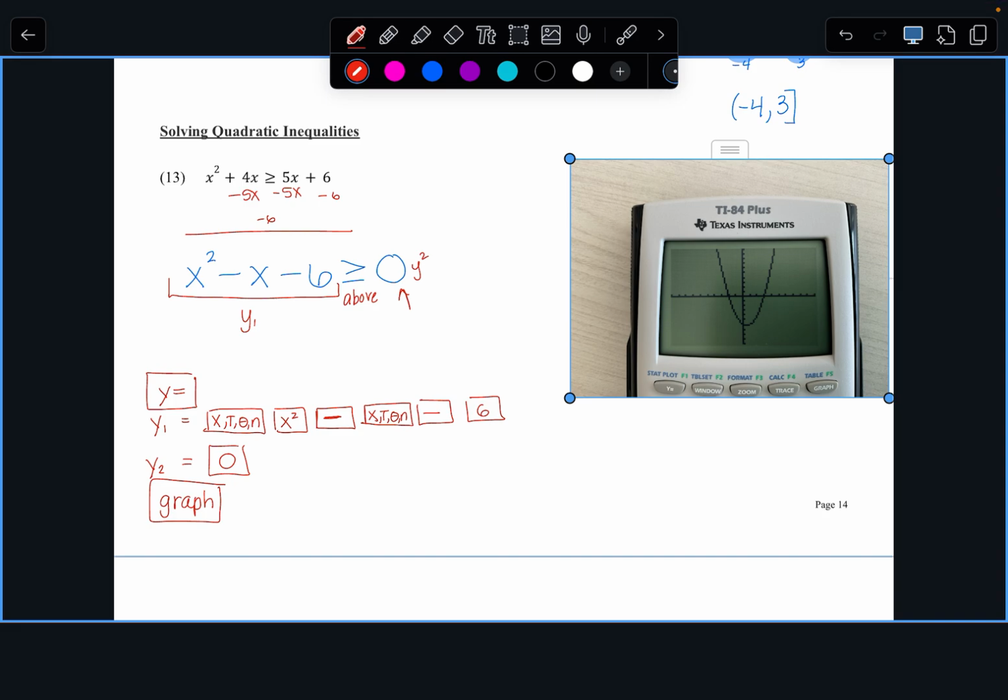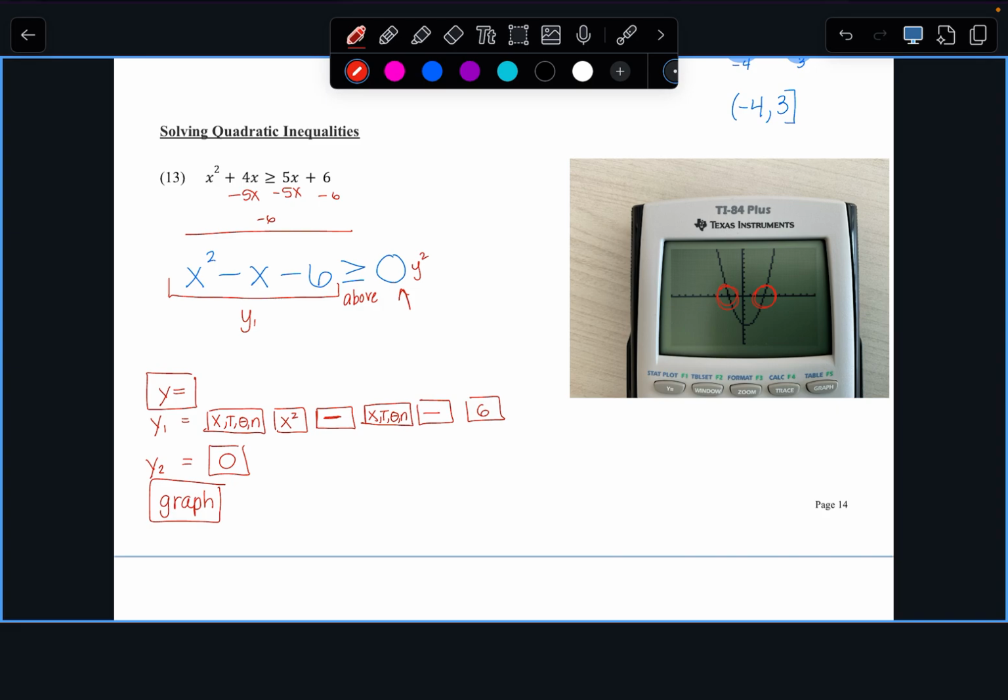So, when we see this, our goal is to figure out where these two parts are. We can actually solve for those on a calculator.